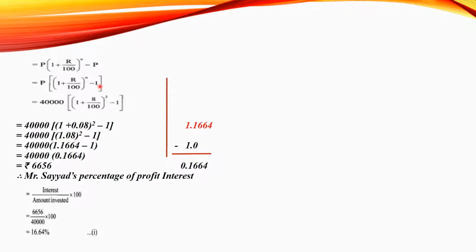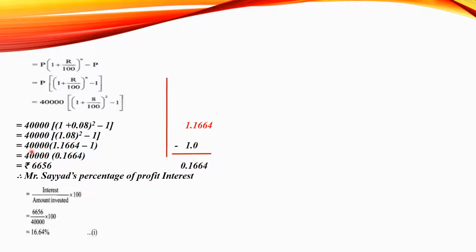Substituting the values for P, R and n, we have 40,000 multiplied by 1 plus 8 upon 100 raised to power 2 minus 1. So 40,000 multiplied by 1 plus 0.08 raised to power 2 minus 1. Now this is 1.08 raised to power 2 minus 1 inside the bracket multiplied to 40,000.